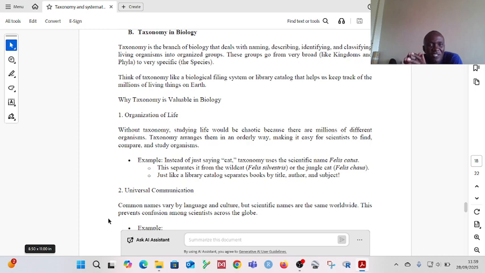What has brought that order? What has brought those differences is because of taxonomy. That is what has organized that this will be called this, this will be called this, and this will be called this. But if we just said paka, you don't know if it's a wild cat, if it's a domestic cat, but you've just said paka. Okay?